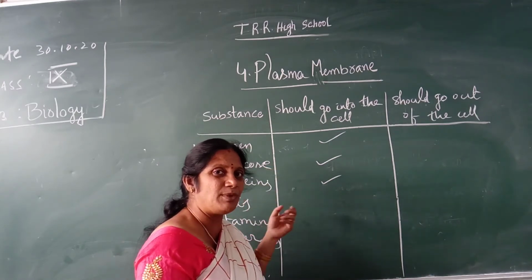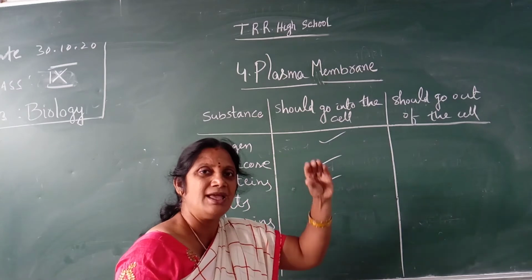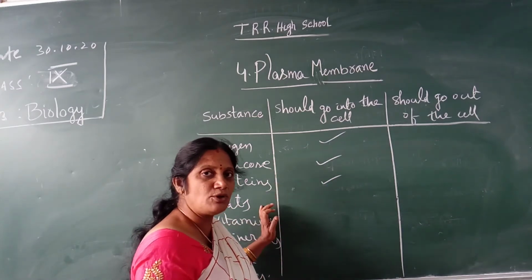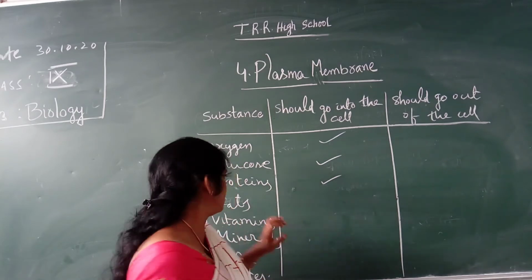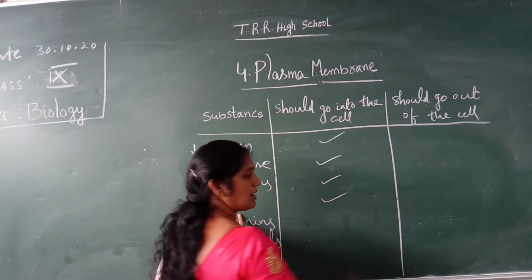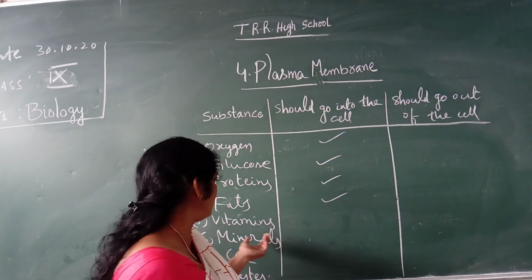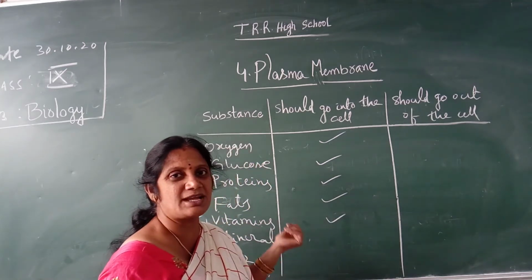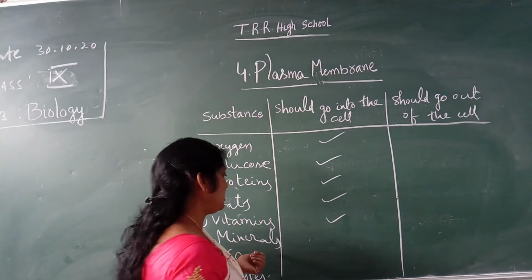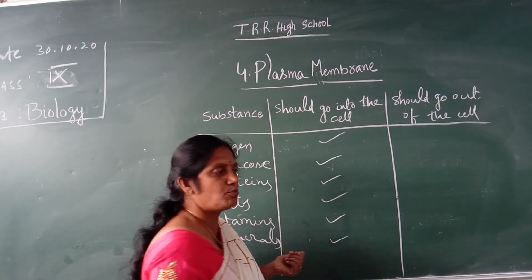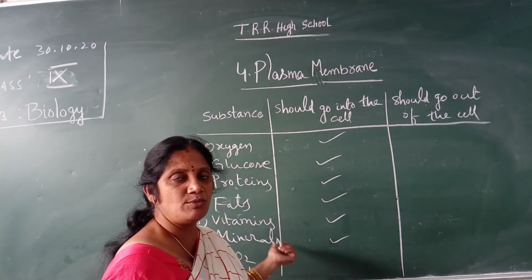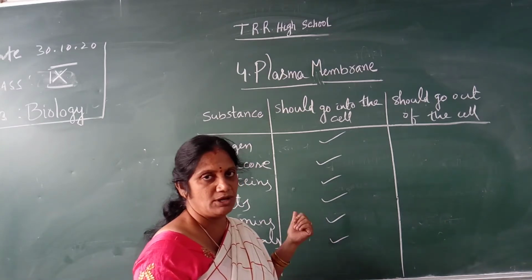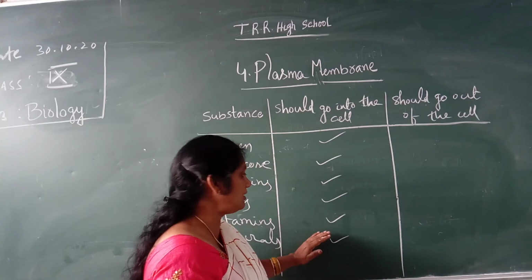Fats are required, but their amount is very little compared to carbohydrates. Vitamins are also required, which protect our body from various kinds of diseases. Then minerals such as calcium, potassium, magnesium are all required for the proper functioning of the body. So these are all required for us.